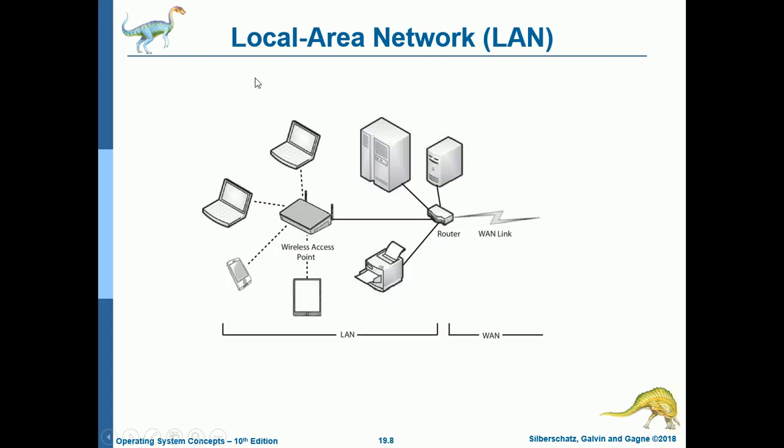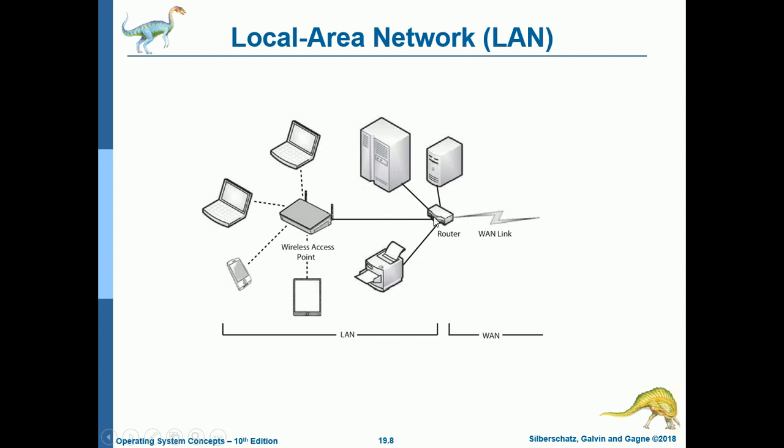So we have here an illustration of a local area network or LAN. We have a tablet, for example, a mobile smartphone, and laptops, connected to a wireless access point or WAP, and this is connected to the router. From the router, we have the server, a computer, and a printer.